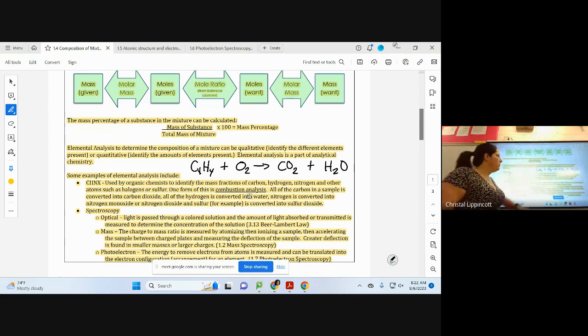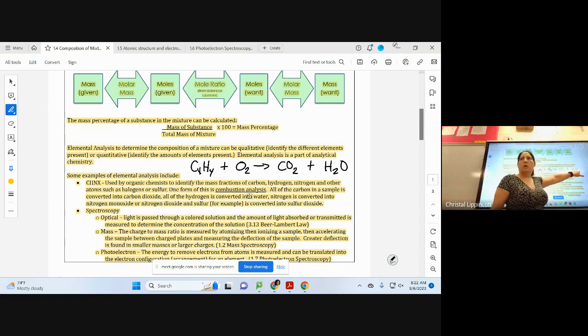All of the carbon from this is going to go into here. All of the hydrogen is going to go into your water. So if you can measure these and figure out what amounts they're in, then you can backtrack and figure out how much carbon and how much hydrogen you had.